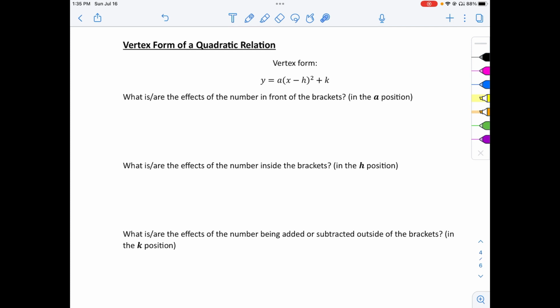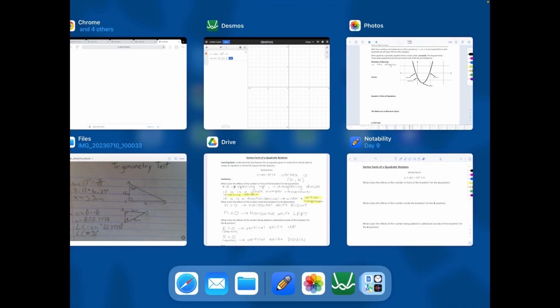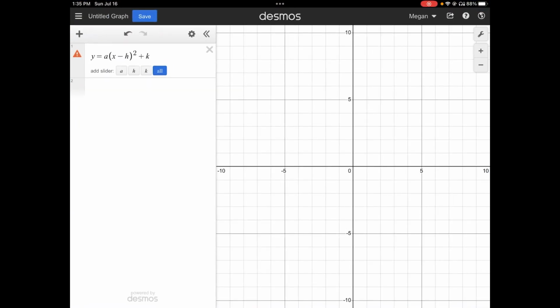So if I look on Desmos, I'm going to walk through the activity that you're going to do on Desmos. If you're having trouble navigating it, you can see how to do that on your own. If I switch over to Desmos here, you can see that I've already plotted y equals a bracket x minus h squared plus k, and it's giving me a little warning sign here, so that's fine. That's what I want to have happen.